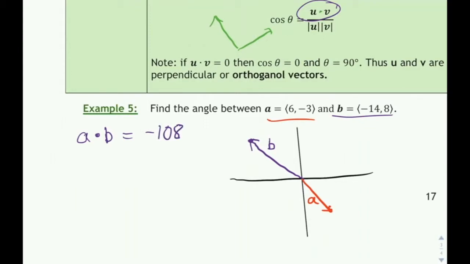And then you find the magnitudes of your two individual vectors. The magnitude of vector b, if you think little Pythagorean theorem here, is 14 squared plus 8 squared, and take the square root of it, which is going to get you to square root 65.